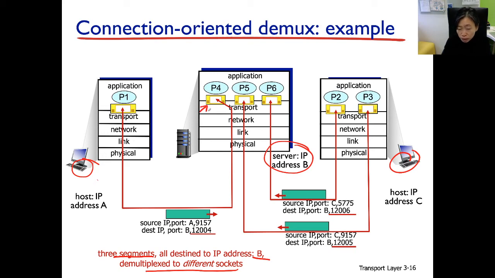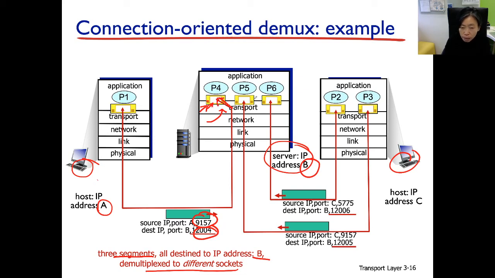And what will be the four-tuple? Well, source IP address, A, destination IP address, B, and what? Source port number and the destination port number. So these four values are going to be associated with this socket. So when there's a segment arriving at the transport layer matching the four-tuple, it therefore goes to the socket.